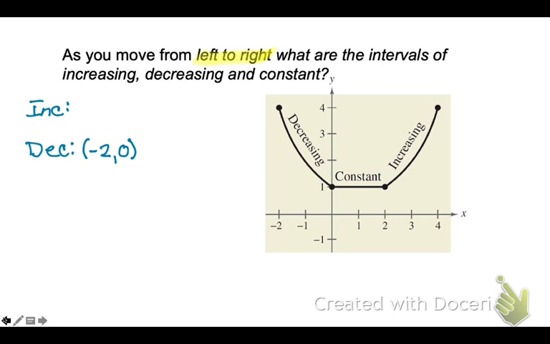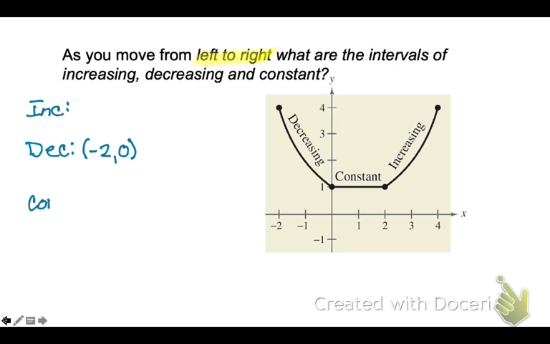No, it's doing nothing. It's constant, yes? What about at 0, 1? It's switching from decreasing to constant. So the endpoints are not included. Make sense?